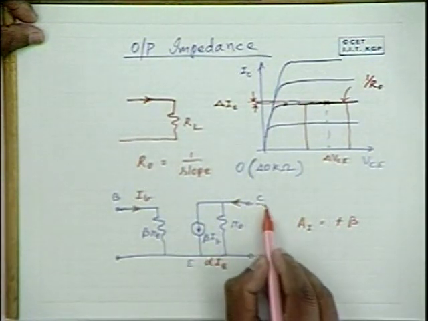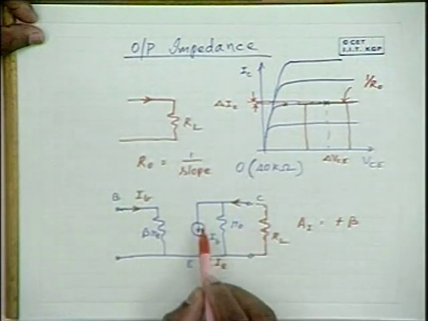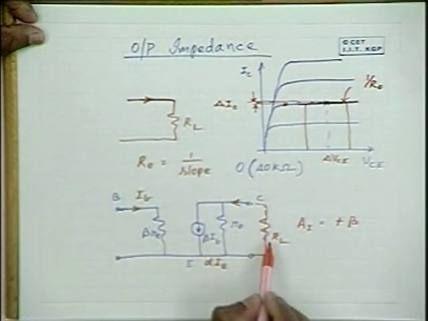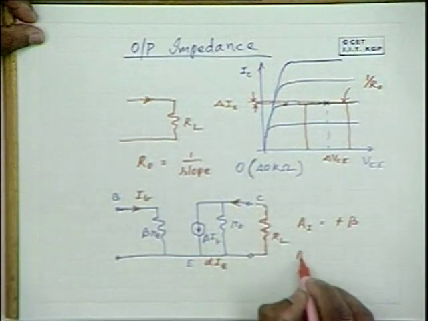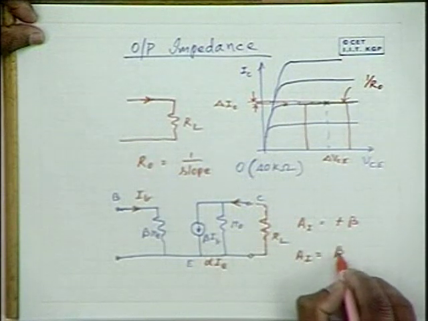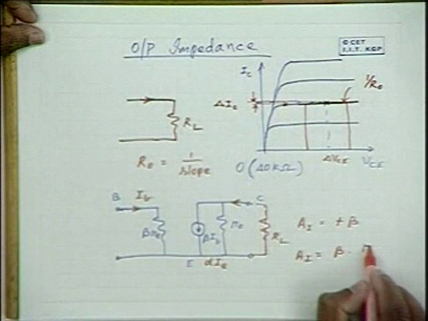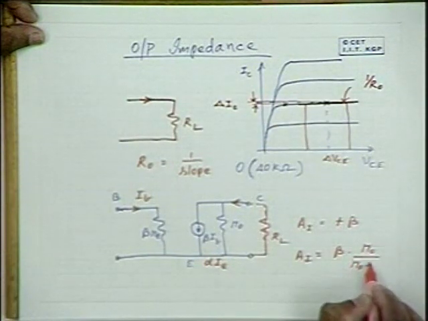Now, when a non-zero load resistance is connected, this current is going to drop further. The current gain is going to be beta times R naught by R naught plus RL.